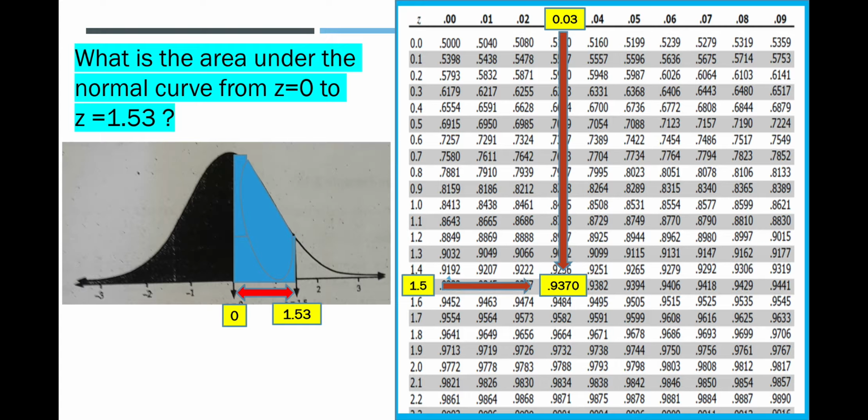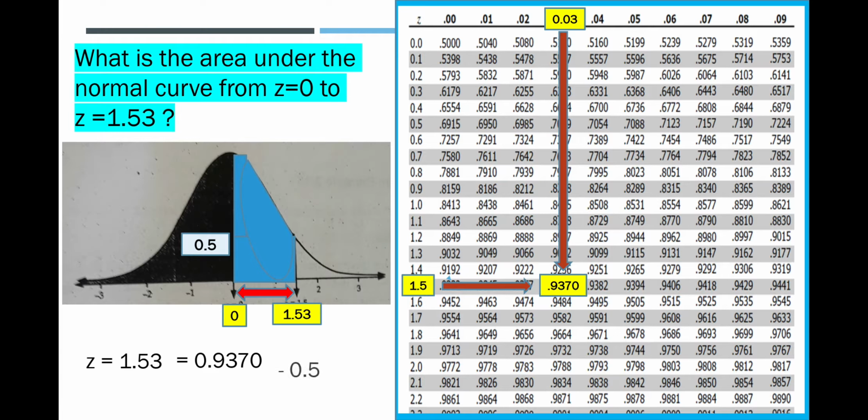To find this, we need to subtract the half of the bell curve, that is 50% of the data, or 0.5.